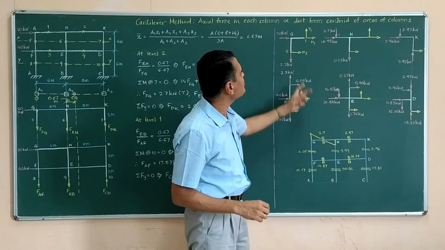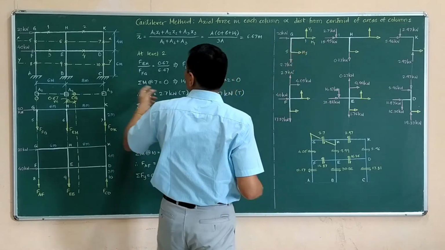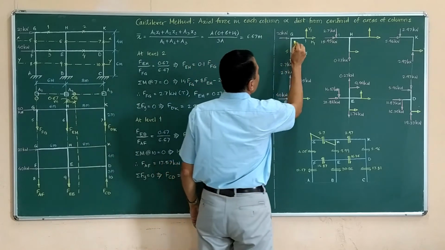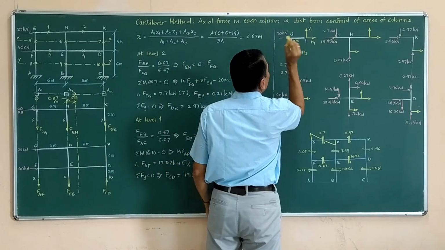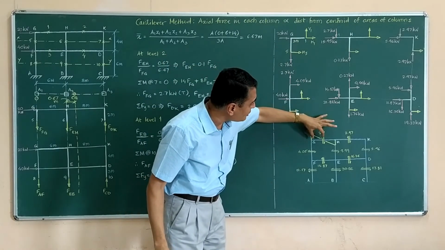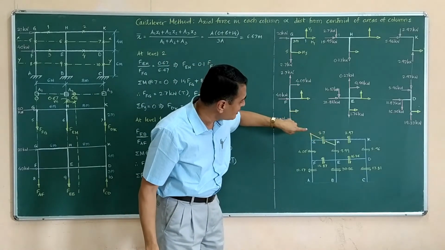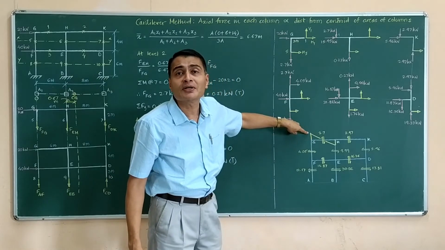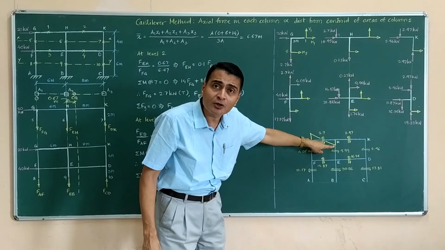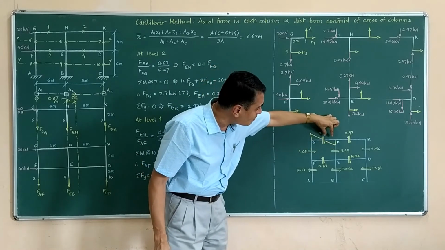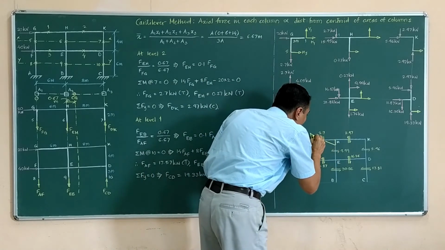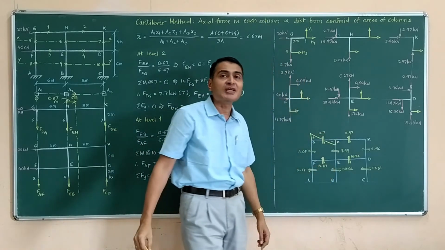So it is obvious this distance, which is half of this distance, this is 6 meters, that means this distance is 3 meters. If that distance is 3 meters, 2.7 multiplied by 3, that is going to be the amount of this magnitude, and same is going to be the value of this moment or bending moment. 2.7 multiplied by 3, this is hogging, so negative. This I am writing as positive, this I am writing as negative.